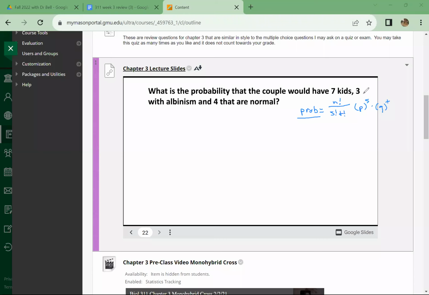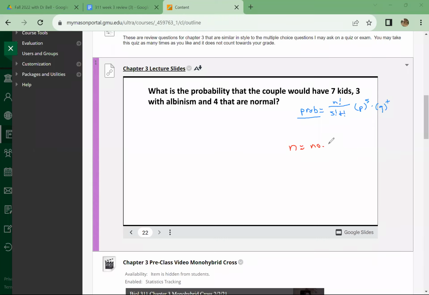And so this is kind of a strange equation that has exclamation points in it, but it's actually not that impenetrable. So n, we know n from statistics as population size. In this case, it is population or sample size, and it is the number of events that we're concerned with.